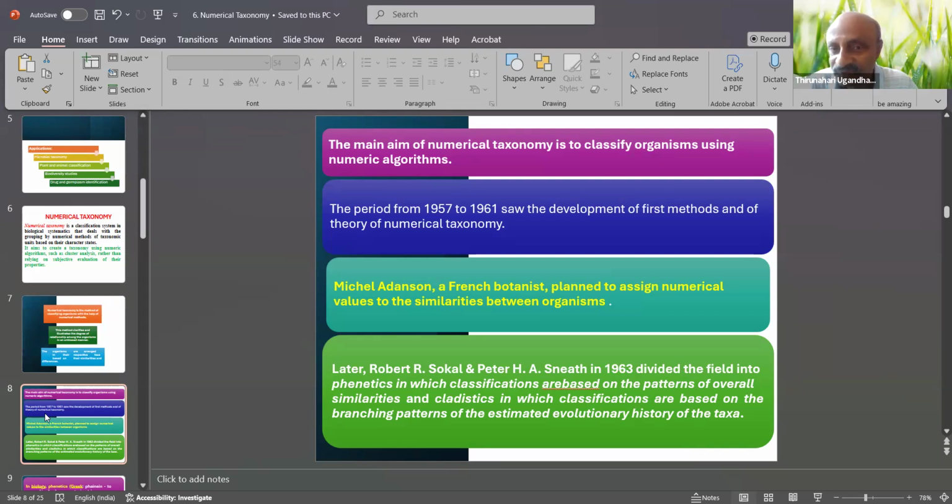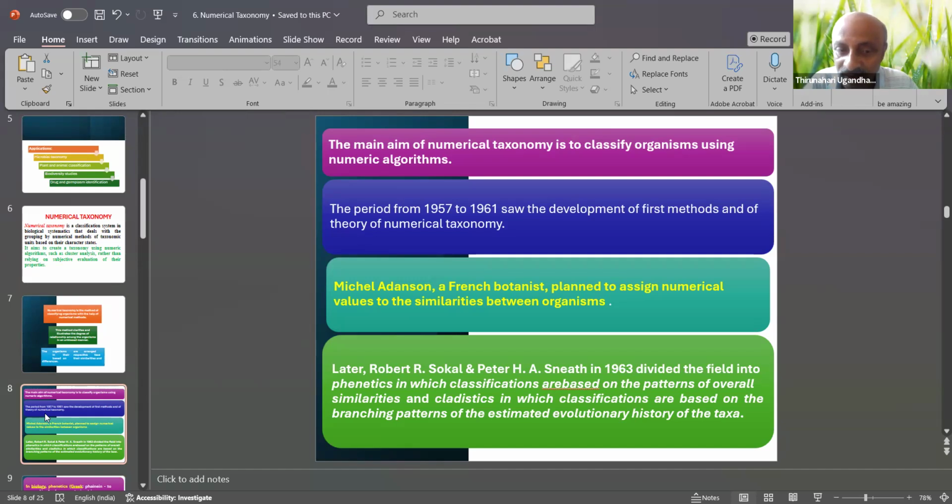During these four years, between 1957 and 1961, a few taxonomists reported numerical taxonomy studies. Michel Adanson, a French botanist, planned to assign numerical values to the similarities between organisms, countable values of similarities in a group of families, group of genera, group of orders.